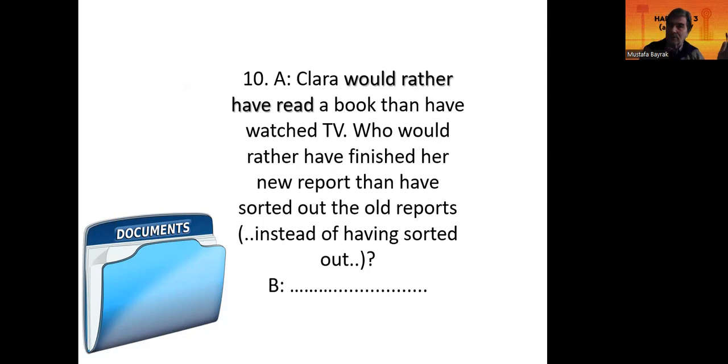He preferred having finished her new report. He preferred having sorted out the old books. Prefer doing something, so prefer having done something.